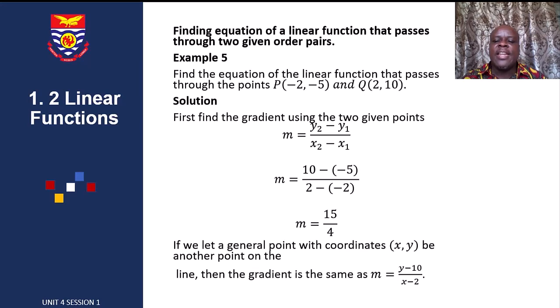In this case, we want to use Q, which is 2, 10. So change in y over change in x. So y minus 10 over x minus 2. Now we are going to equate these two gradients to say that y minus 10 over x minus 2 will be equal to 15 over 4, which we will simplify at the next stage.